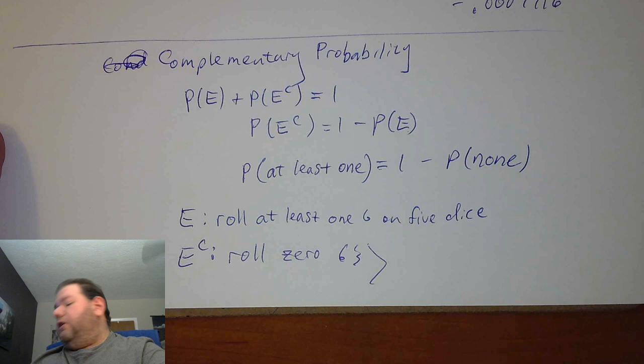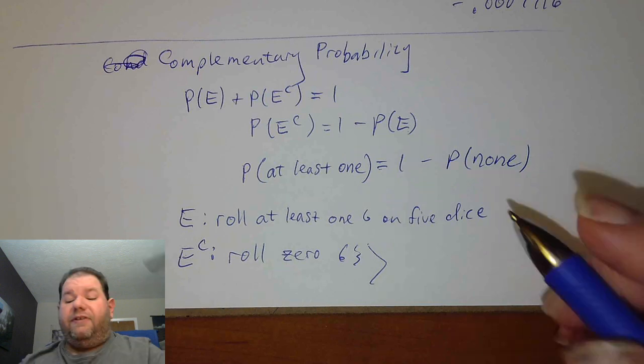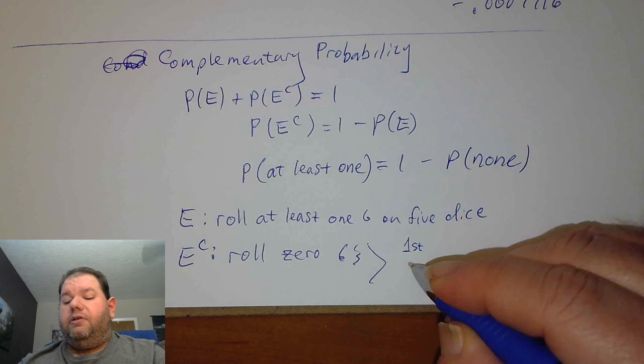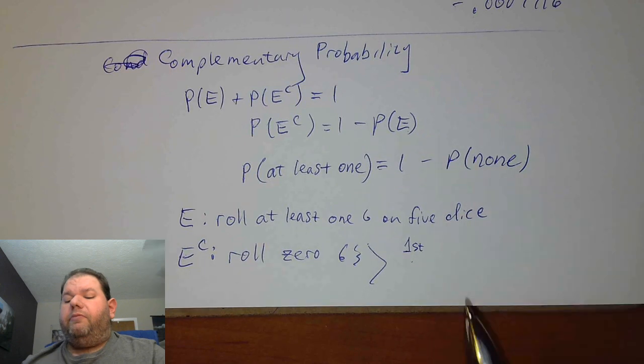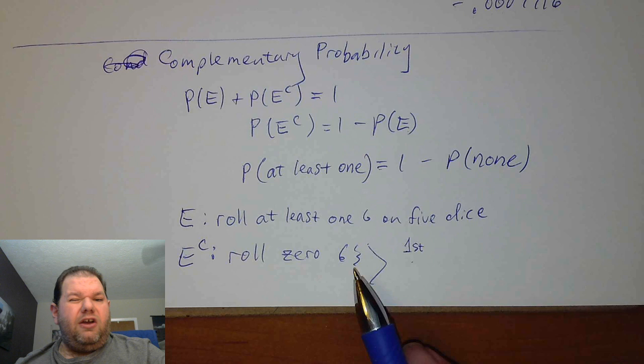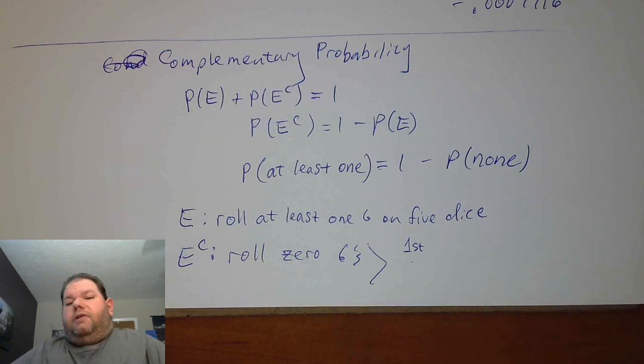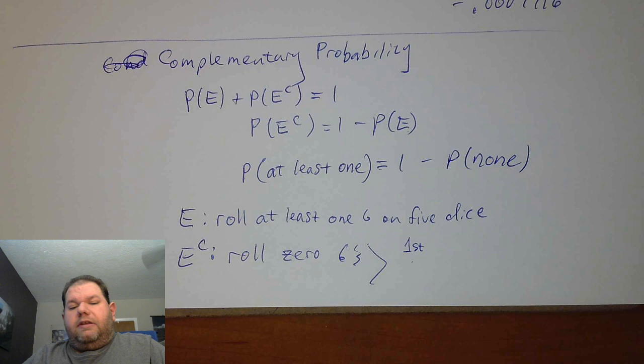Now our probability that we don't roll a 6 at all, that means on the first one, if we don't get a 6, how many numbers could we possibly get? How many numbers in the die are not 6?